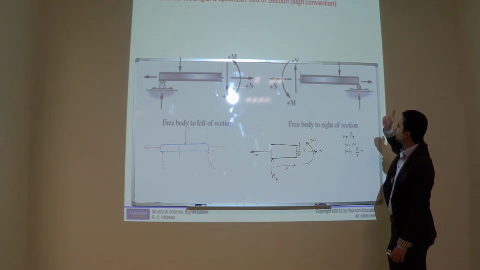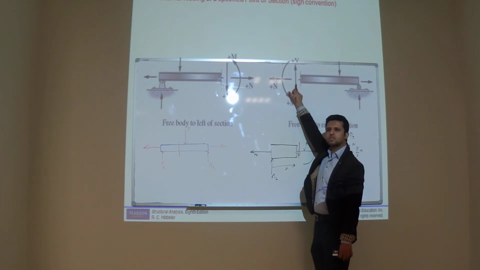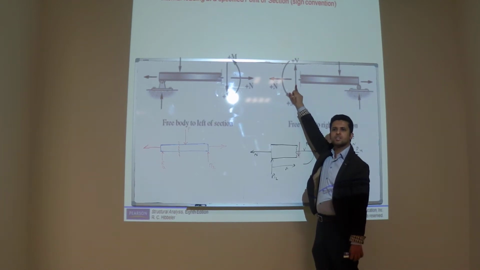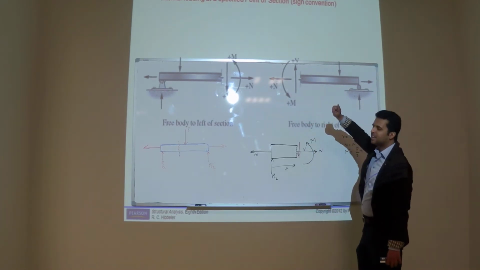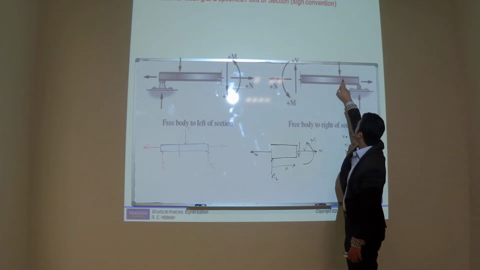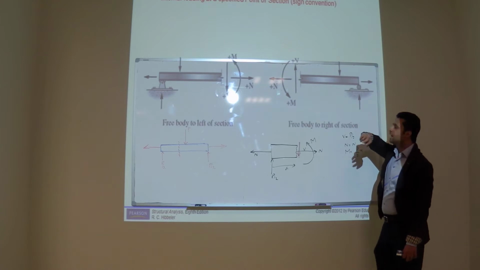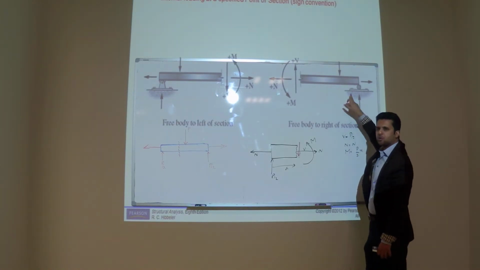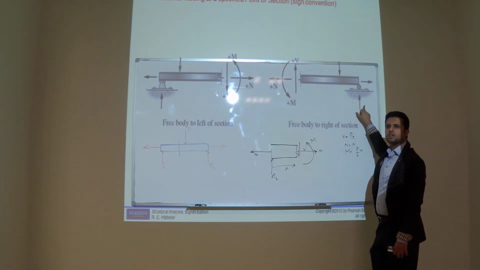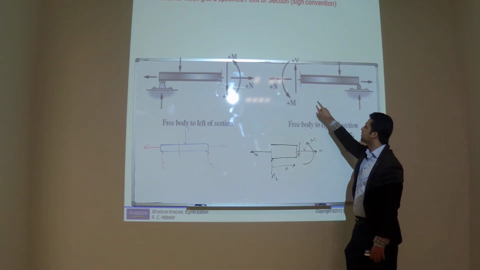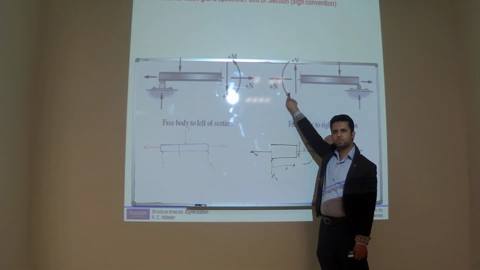Now you can have a question why it is an upward force. It depends upon the value of this force and this reaction. If this force is 10 kilonewton and this force is 5, it should be 5 upwards. Do you understand?